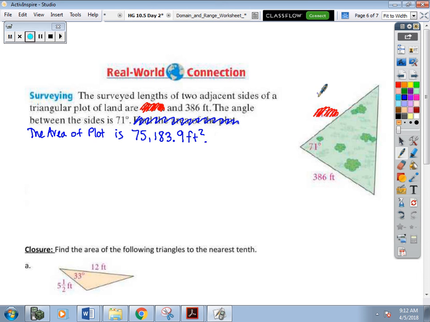And let's just call this, I don't know, B. Find the length of B. There's one like this in your homework, and I just realized there's not any like this in the notes. So we're going to use the formula like we learned on the front because we do have SAS.